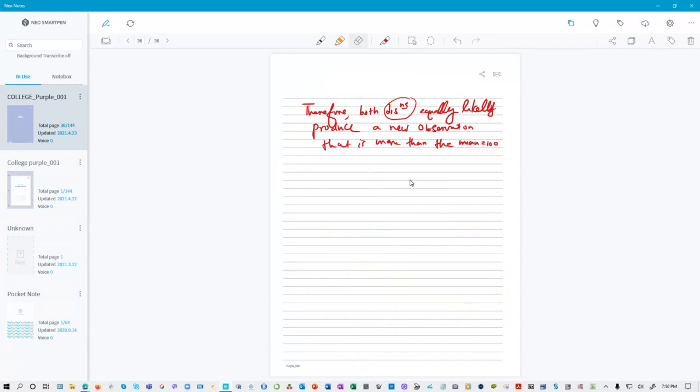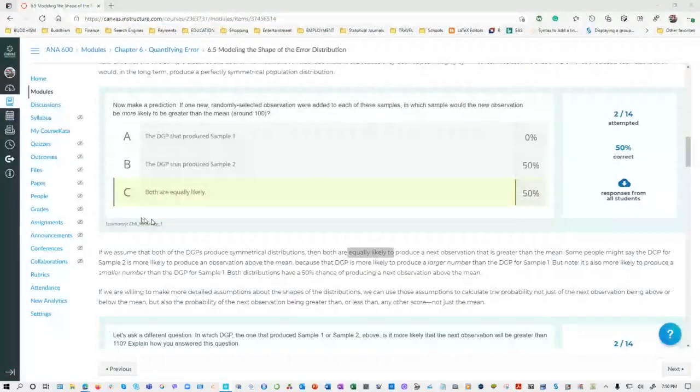Okay, if this case is considered more symmetric, that's what this is.